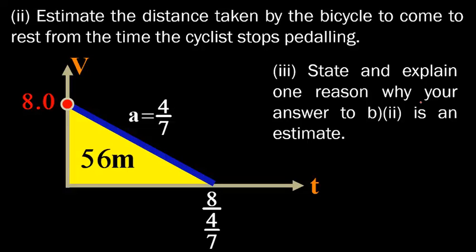So we expect that the total force due to air resistance is not constant. This is the reason that it is an estimate, because it is almost constant here. Anyway, we have taken it to be constant, and all calculations have been done on the basis of a constant acceleration of 4/7.